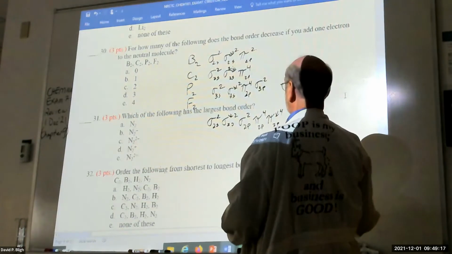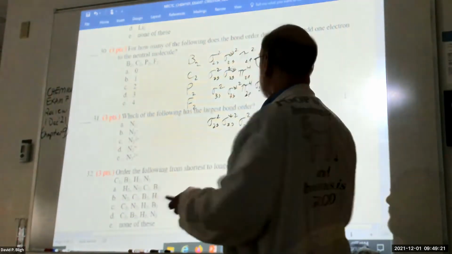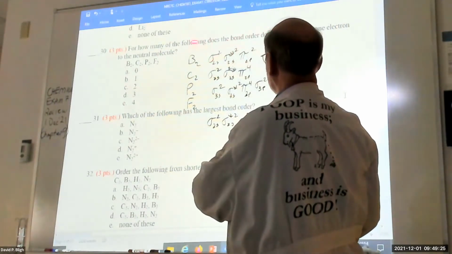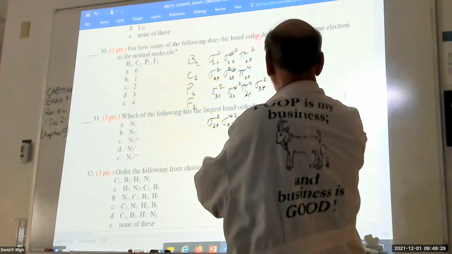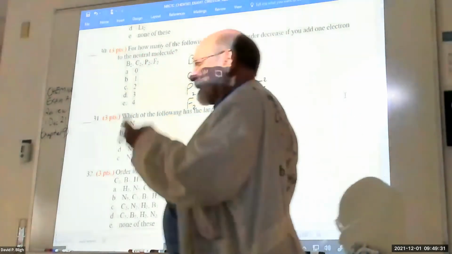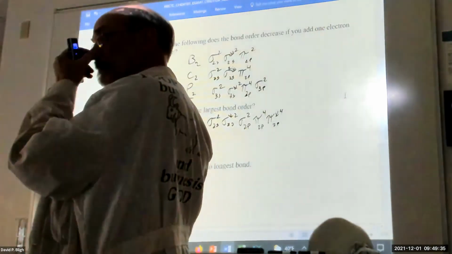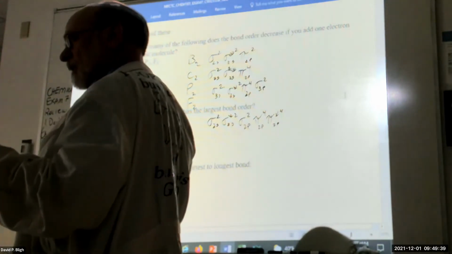what's the bond order? Well, in the interest of time, how many of these would decrease? Bond order would decrease when you add an electron to a neutral molecule.